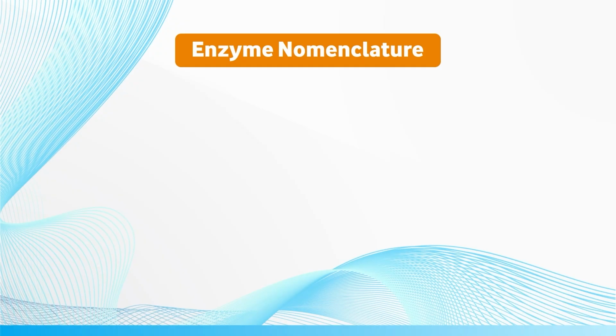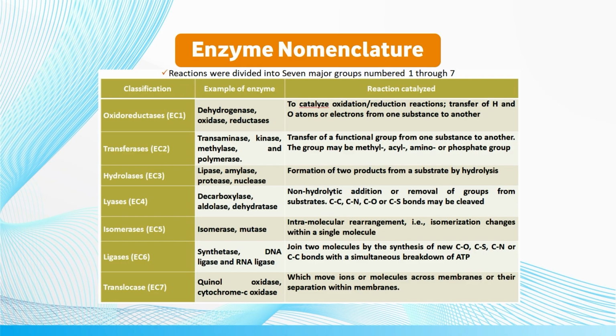Previously 6 classes were there, and we will see them in detail. The reactions are divided into 7 major groups right now, numbered from 1 to 7.